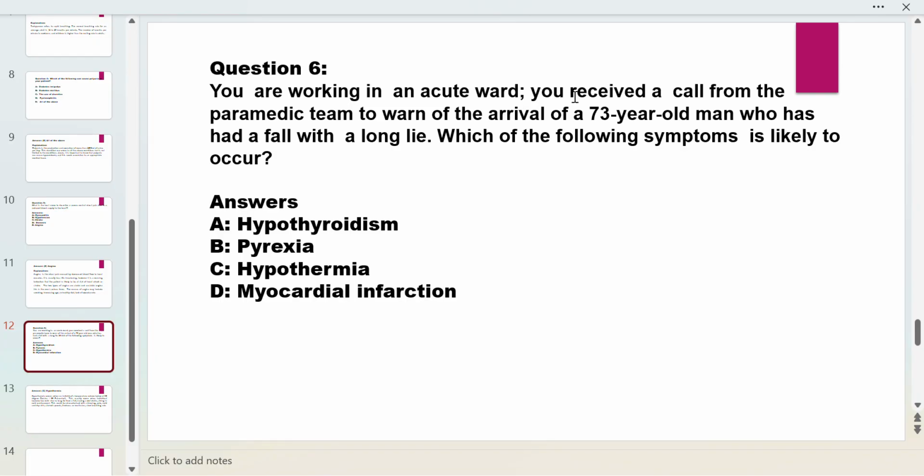You received a call from the paramedic team to warn you of the arrival of a 73-year-old man who has had a fall with long lie. Which of the following symptoms is likely to occur? A. Hypothyroidism, pyrexia, hypothermia, myocardial infarction. Give it a minute.